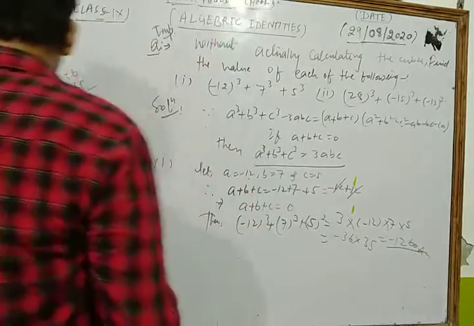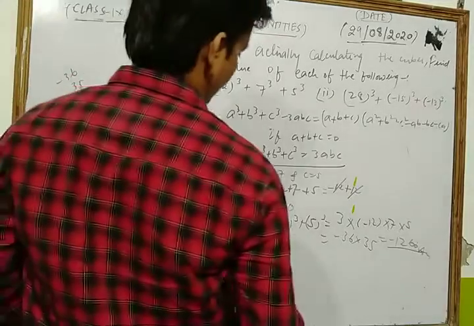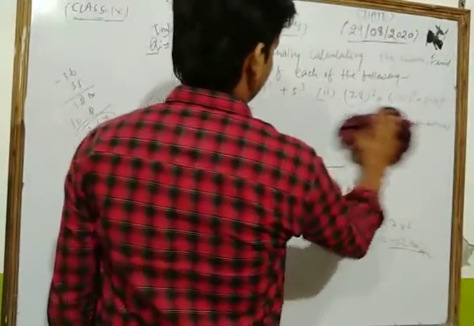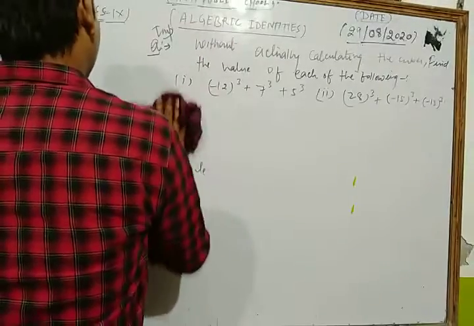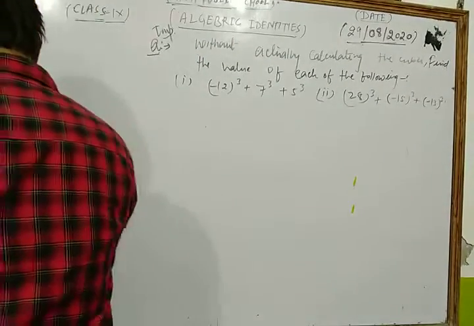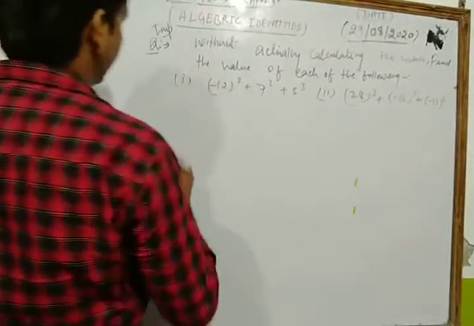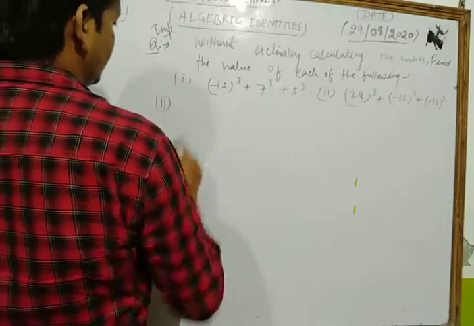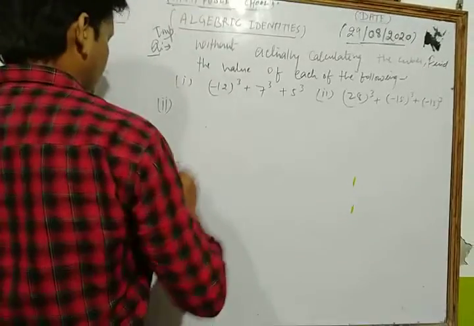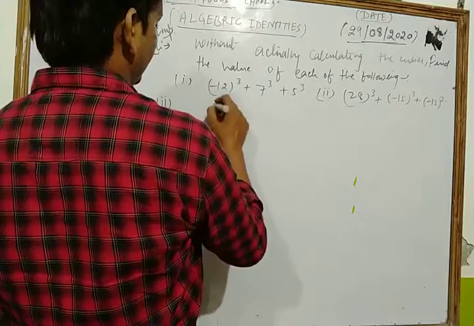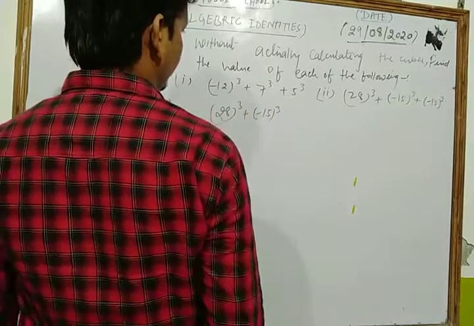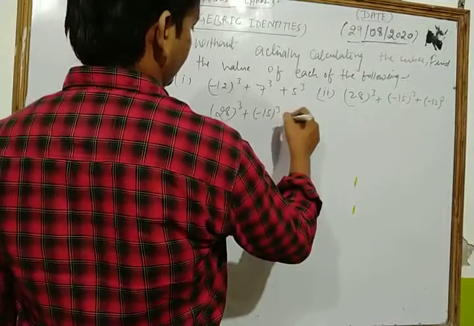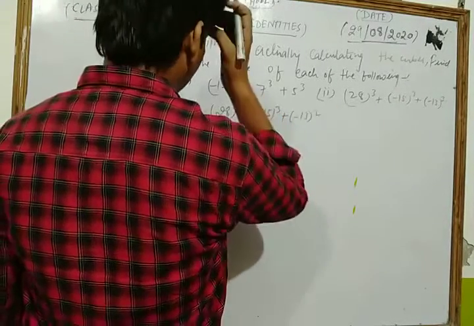Okay, now dear students, we take and solve the second part of this question. Let's see. 28 cube minus 15 cube minus 13 cube.